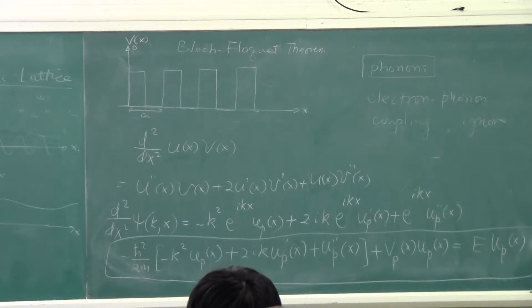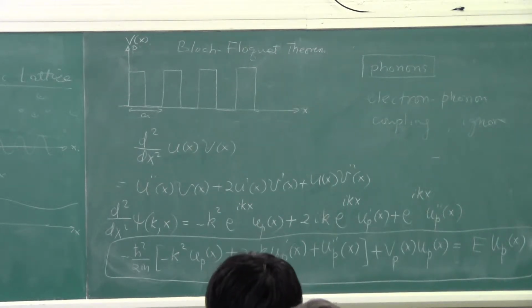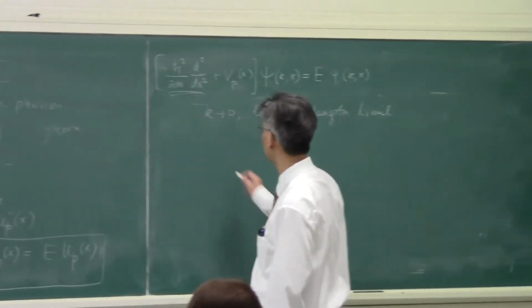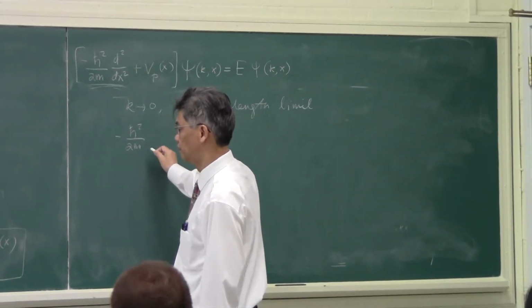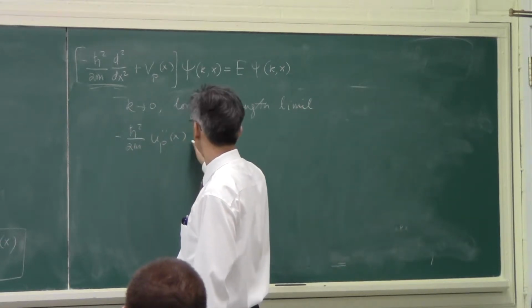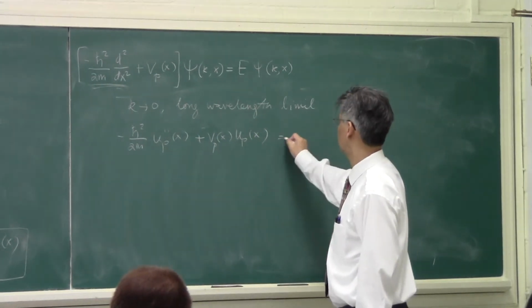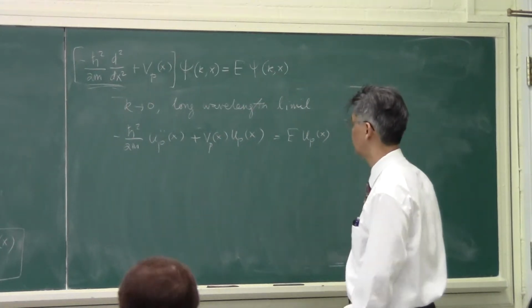You can see that in the long wavelength limit, that is, if k tends to 0, which we call the long wavelength limit, then we can drop terms like this and like that, and we are back to something that looks like the Schrodinger equation again: u_k double prime(x) plus V(x) u_k(x) must be equal to E u_k(x).